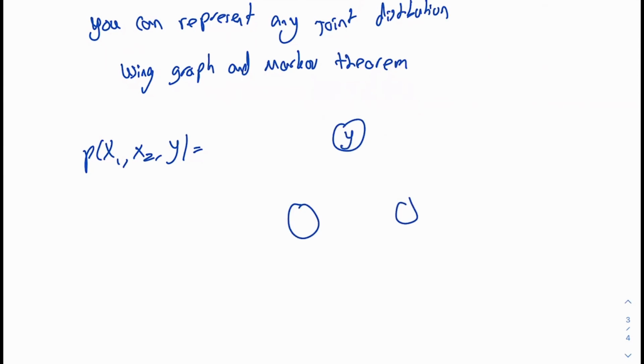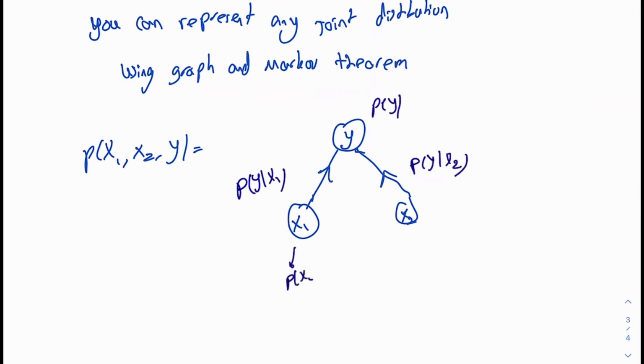This can be one explanation of that, x1, x2. This is, by the way, very naive Bayes. This is going to be probability of y given x1, probability of y given x2, and this is probability of y. Locally, probability of x1 and probability of x2. So you can generate the entire distribution.